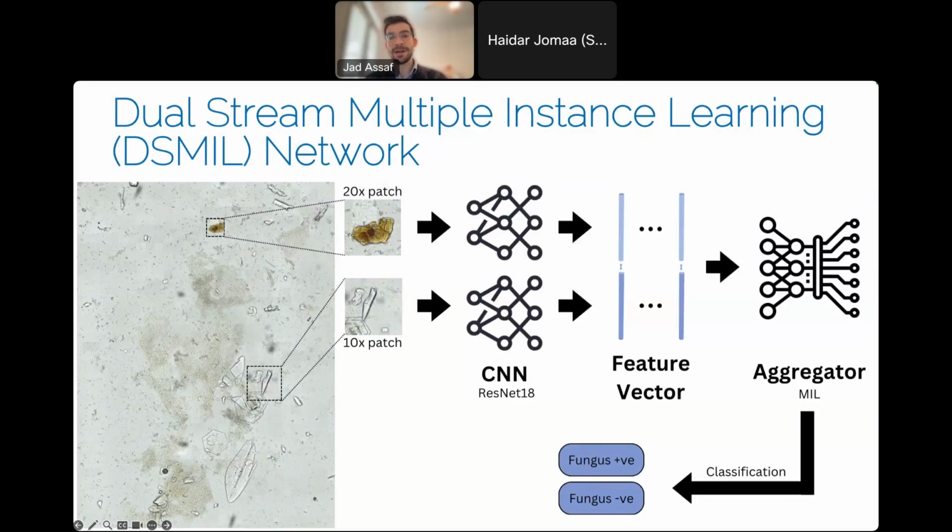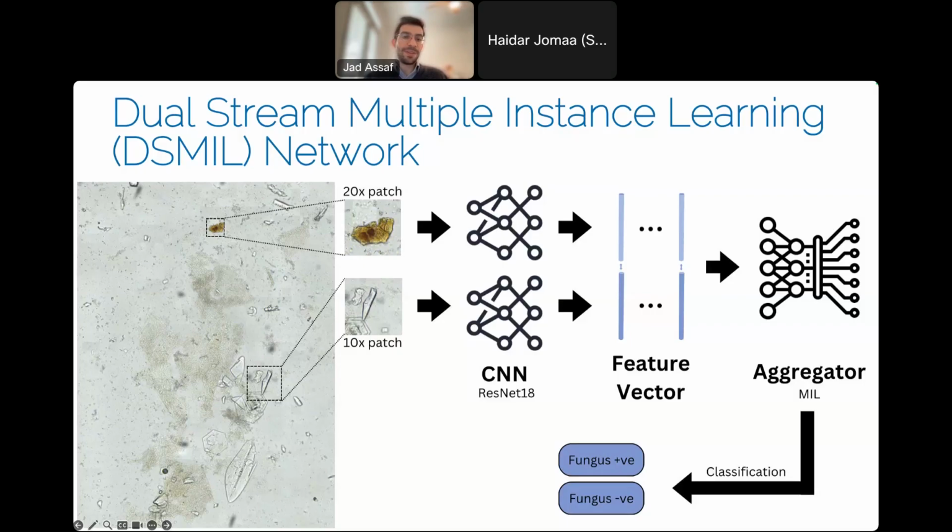It's a SimCLR essentially. And we were able to transform every patch into a feature vector. This feature vector is essentially a vector of 500 features, which is much smaller in size than the patch that's about 250 by 250 in resolution.